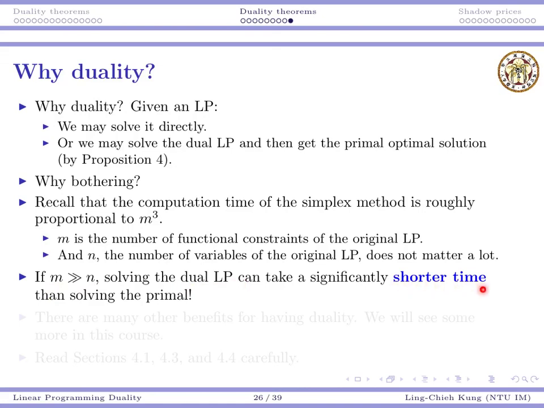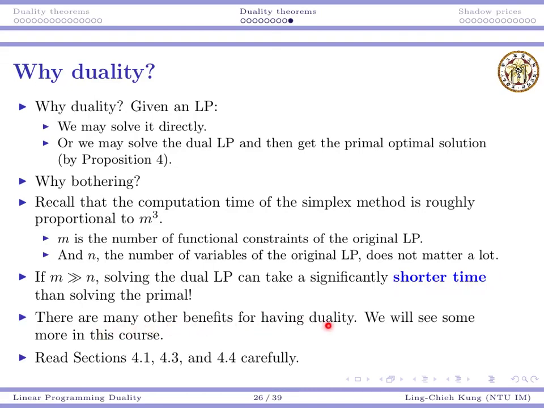And certainly this is built on the fact that primal and dual problems are equivalent. If you do not have those dual theorems, if you do not know that given the primal we may solve the dual, given the dual we may solve the primal, if you do not know strong duality, do not know they are equivalent, you cannot take this advantage.